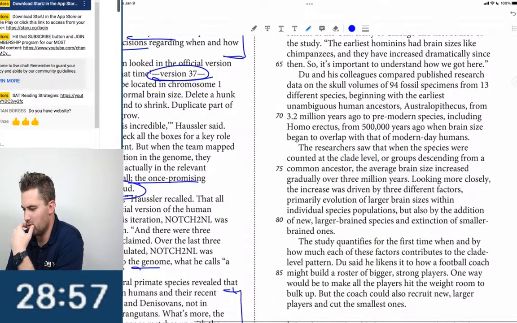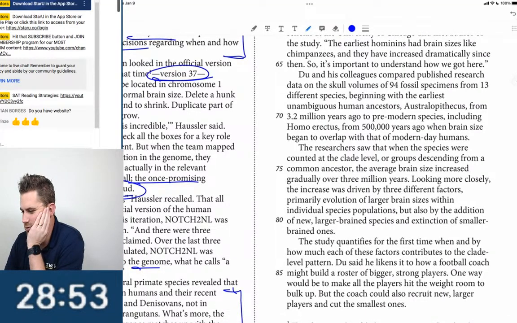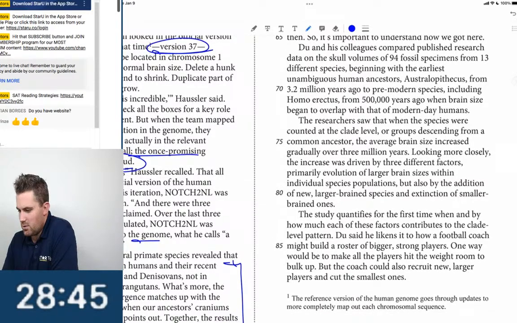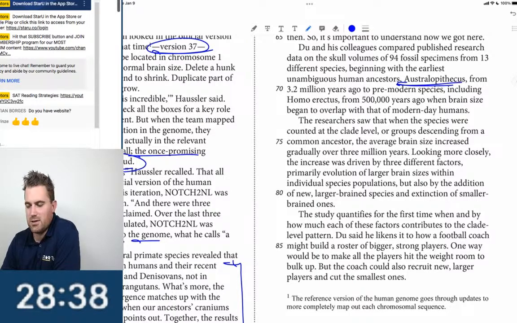The colleagues compared the fossil records. 94 fossils, 13 different species. Australopithecus, right? Lucy, I think, was a famous Australopithecus, right? They found the fossil record.